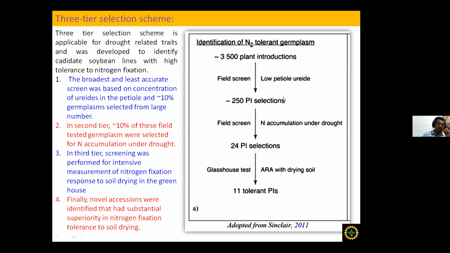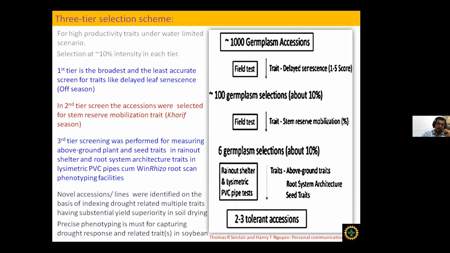And then in the second tier, another 10% of these field-tested germplasms were selected for nitrogen accumulation under drought. And in the third tier, the screening was performed for intensive measurement of nitrogen fixation response to soil drying in the greenhouse. And finally, novel accessions were identified that had substantial superiority in nitrogen fixation tolerance in soil drying. So this is another part of the work.